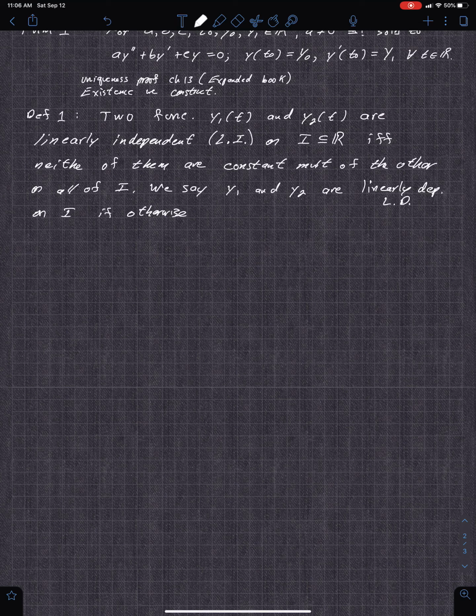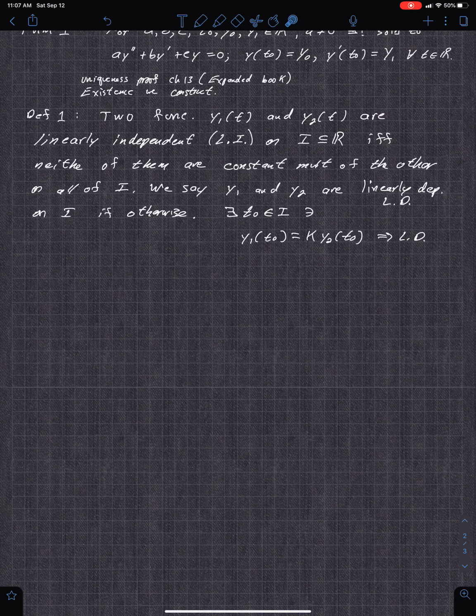Basically, if there exists a value, I don't know what we'll call it, t naught, I guess, in I such that y1 of t naught equals a constant k times y2 of t naught, that would imply linear dependence.